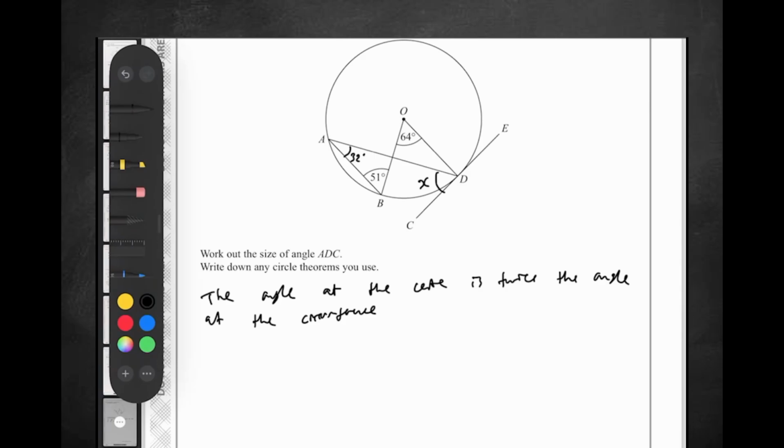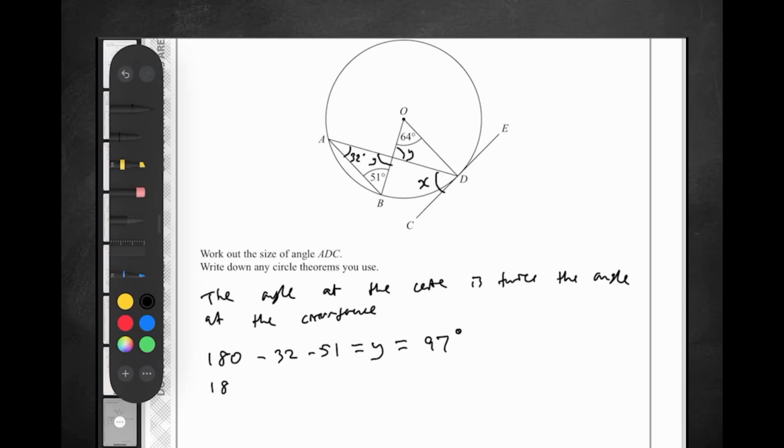Therefore, we can work out the angle just here, which we'll call y. So we know 180 minus 32 minus 51 equals y, which equals 97 degrees. We also know that this will be the same angle from circle theorems.